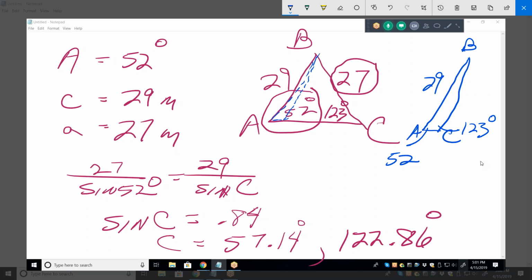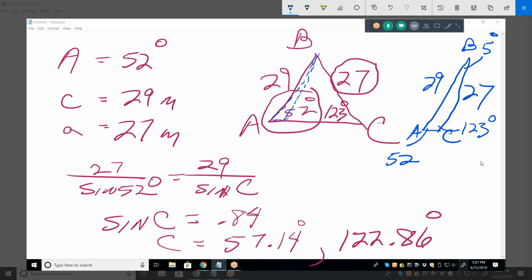Well, if that's 52 and that's 123, that still leaves 5 degrees for that one right there. And that's still 27. Notice we still have a 52-degree angle, we still have a 29, and we still have a 27, but it's a completely different triangle. That's what you call the ambiguous case of the law of sine.